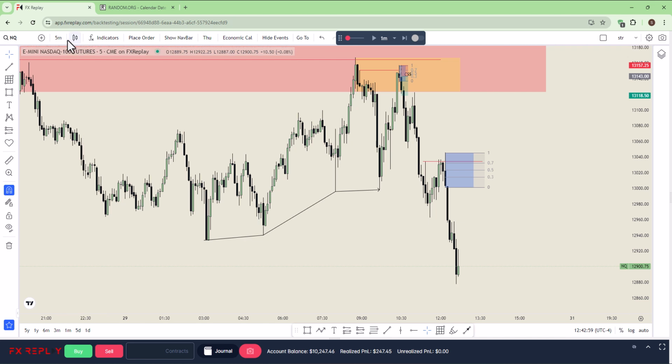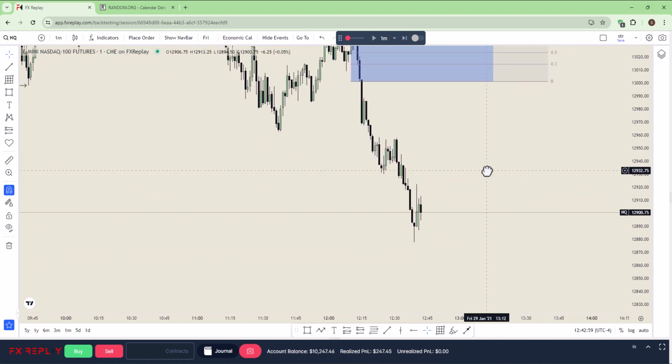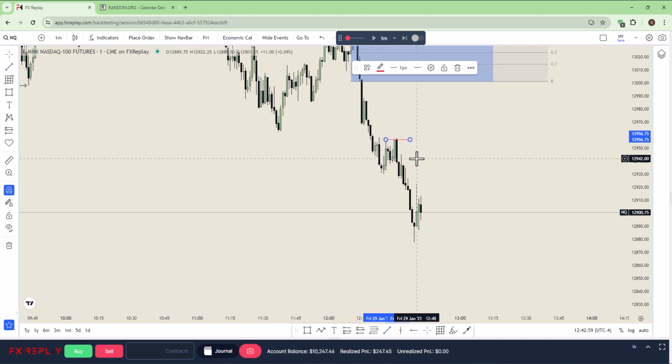Let's go back to the 1-minute. We had a nice sweep right here. It looks like we missed that, which is this one. Yeah, we missed that.